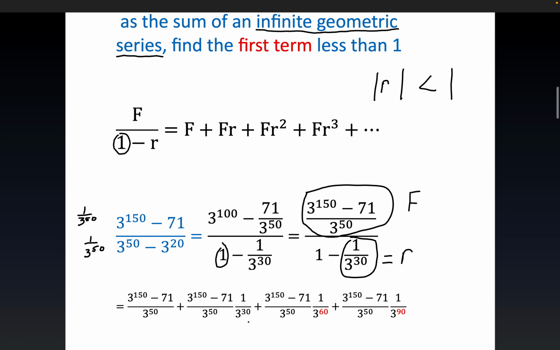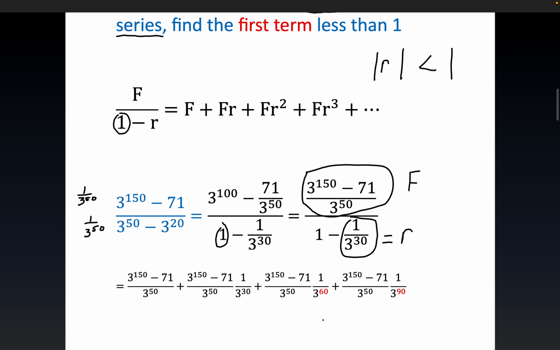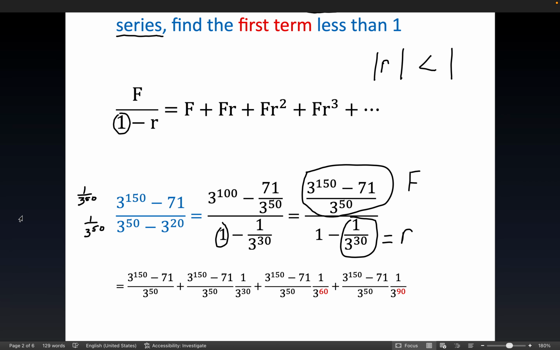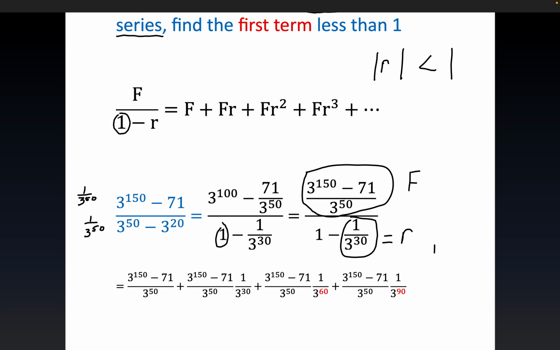And notice how right here, I wrote this out so you could see just an example here if you're not seeing how this is working. 1 over 3 to the 30th, quantity squared, is 1 over 3 to the 60th. So you see this is going to have the effect of deflating the numerator, so to speak.